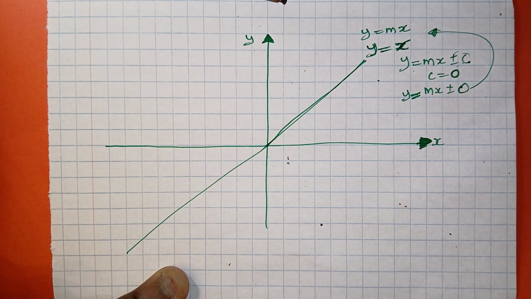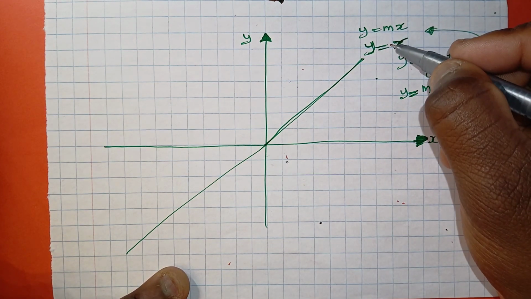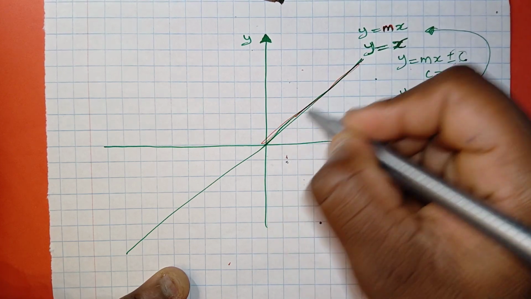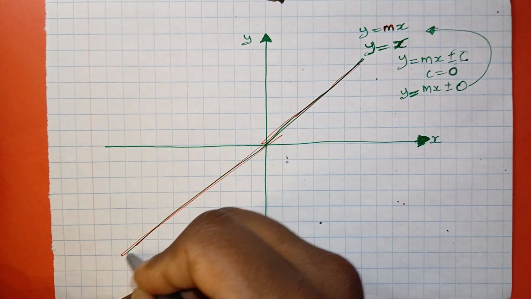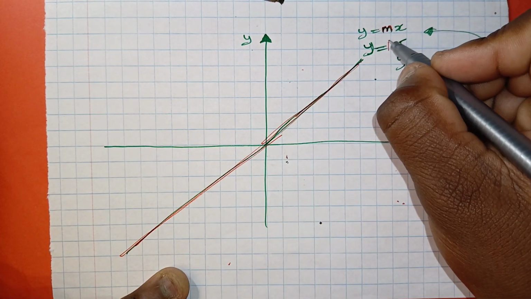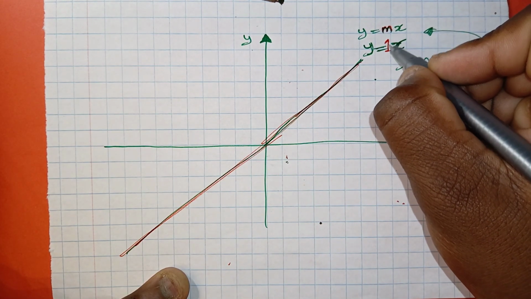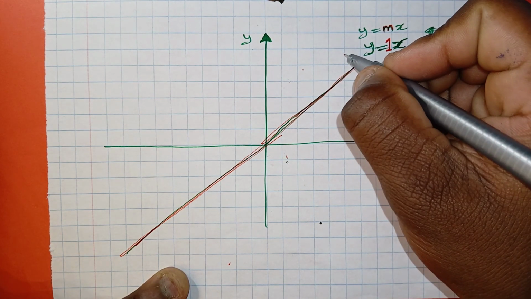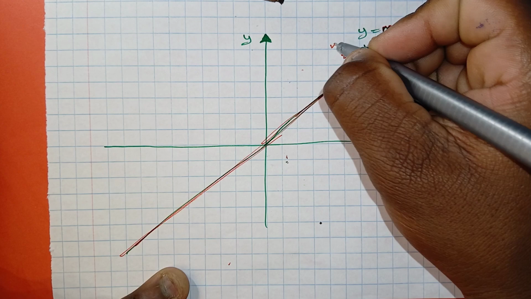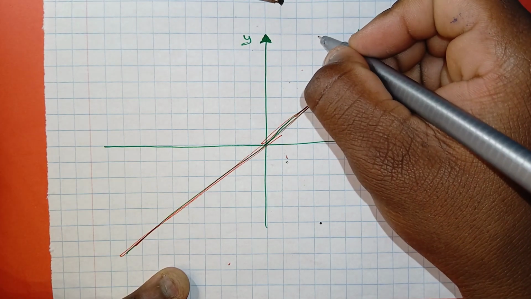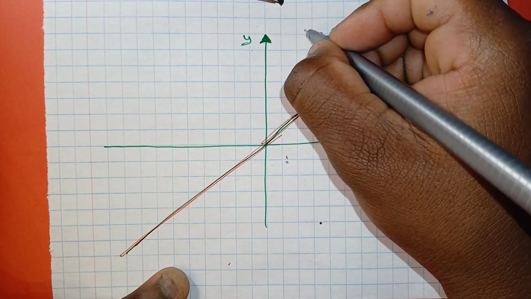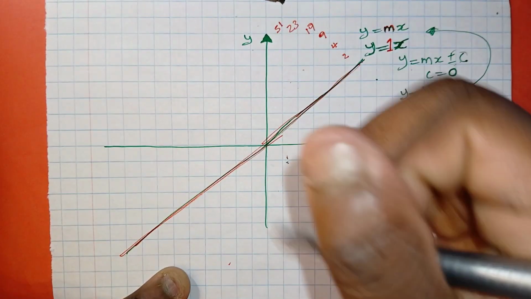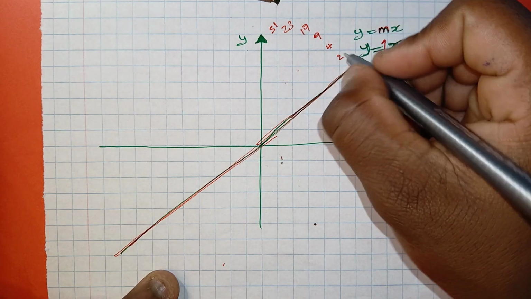So what I want you to recognize is that the gradient of all these lines, this one, is an invisible one there. It is invisible. And as for that gradient, I increase it to 2, or I increase it to 4, or let's say to bigger numbers, 19 or 23 or 51.